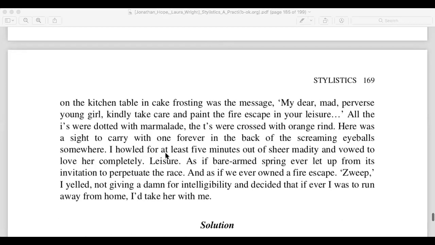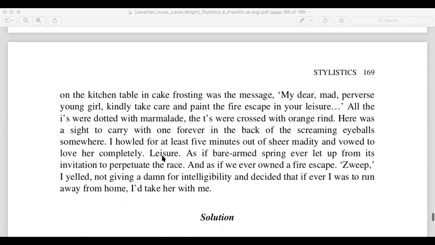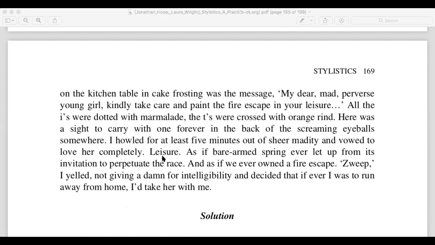Now why has he used these words? Just to be innovative, just to experiment with newer words which no one has used before. This is how it can be justified stylistically.